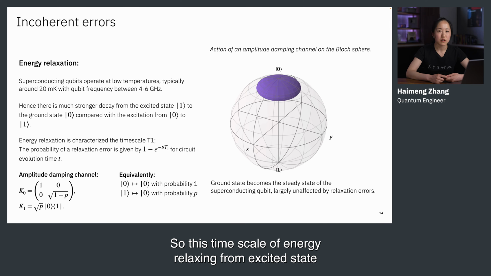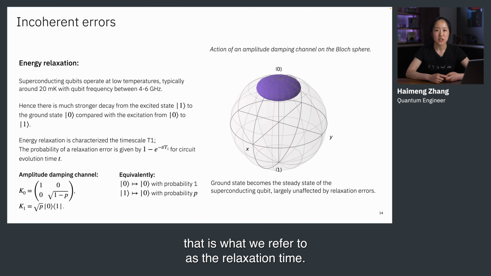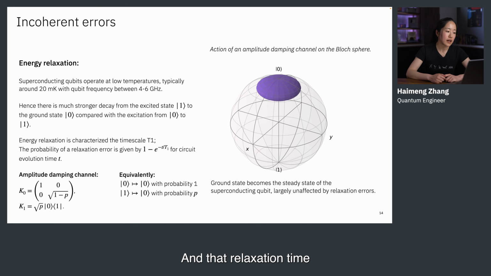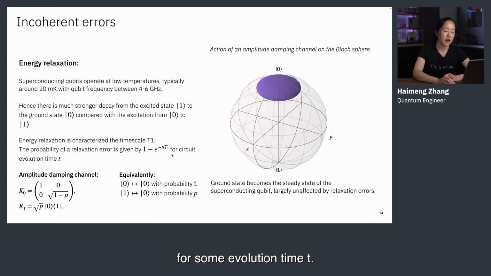The timescale of energy relaxing from the excited state to the ground state is characterized by T1. That is what we refer to as the relaxation time. And that relaxation time can also be associated with a probability of a relaxation error for some evolution time t.